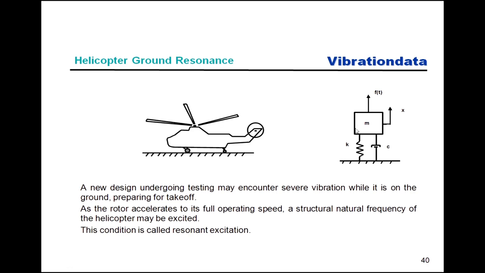The second thing is when a structure is undergoing resonant vibration, its response is very much controlled by damping. So we want this system to have enough damping built in to minimize the response of this mass, in other words, the helicopter body, as this potential resonance is encountered.